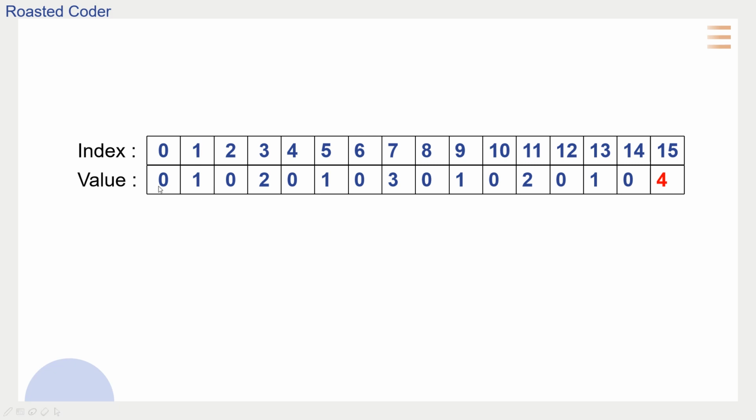So all these values show the number of odd nodes before that number or in that branch. So for node 1 there is no odd node branch up to 1. So it's showing the count of the odd node branch up to 1, there is 1, and for 3 the odd node branch has 2 nodes having odd numbers, which are 1 and 3.